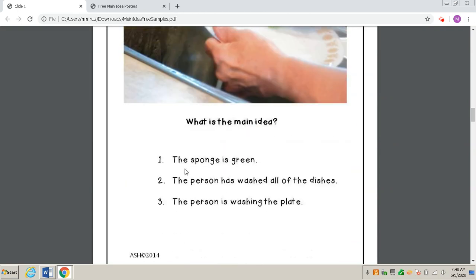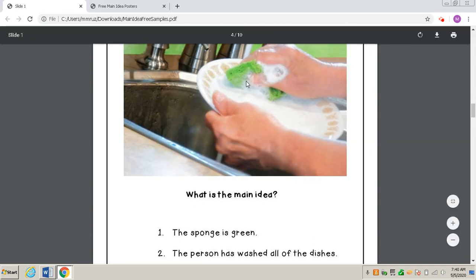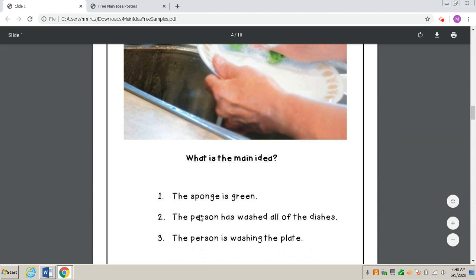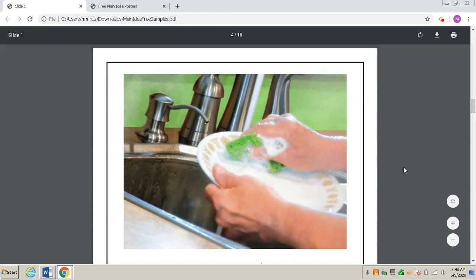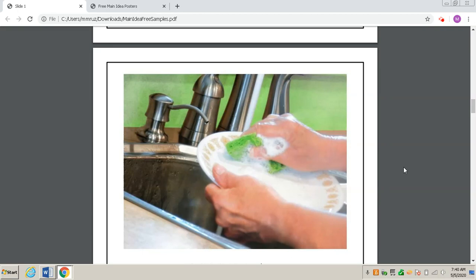So, what is the main idea? Is the main idea the green sponge? Is this picture mostly about that green sponge? Is it about the person has washed all of the dishes or that the person is just washing the plate? Now, I can't really tell you if the person washed all the dishes, right? I can only tell you that the person is using a green sponge to wash the plate.